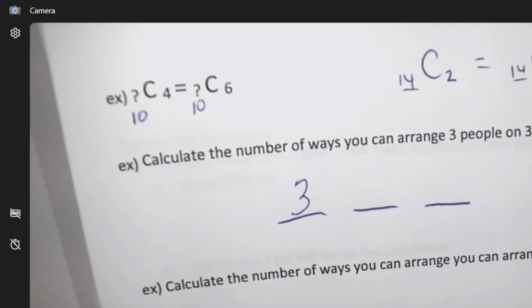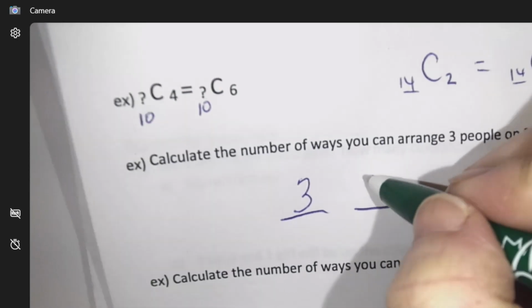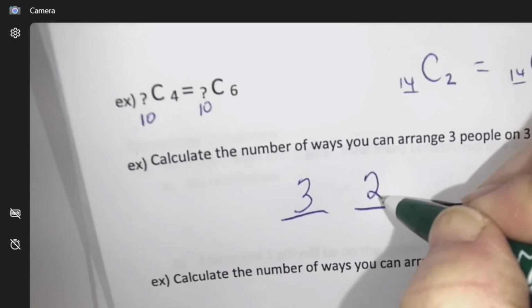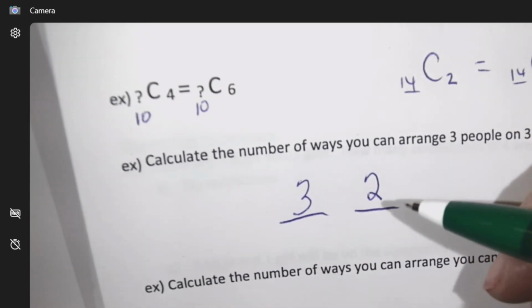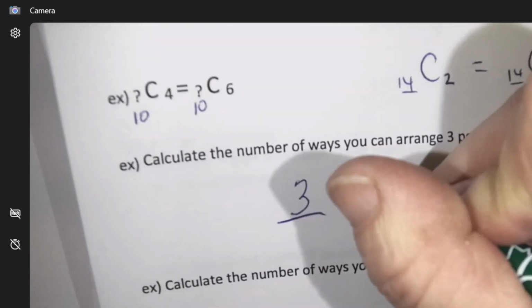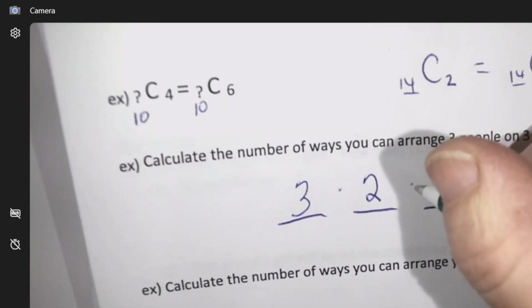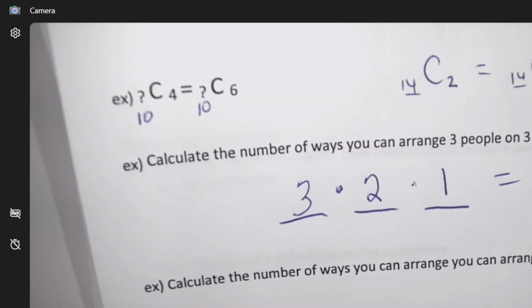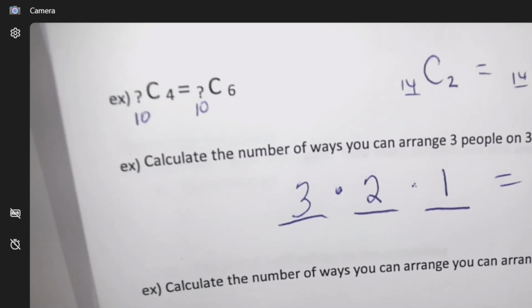Now visualize that person, they're sitting down. How many options do I have to put somebody onto my second chair? I only have 2 options now, and now they're sitting. So then what's the options for my last chair? 1 person, and I'm going to times these, so then I get 6.